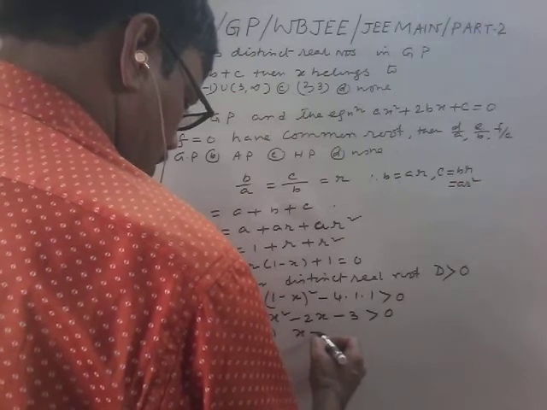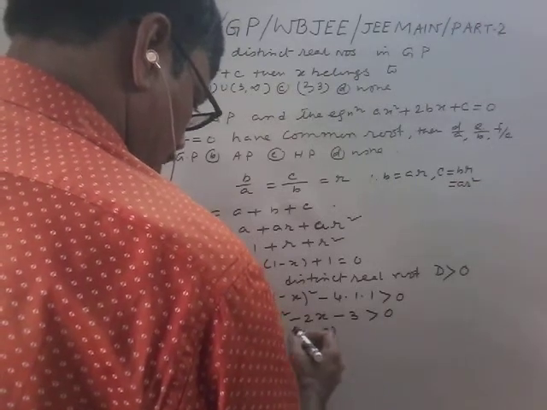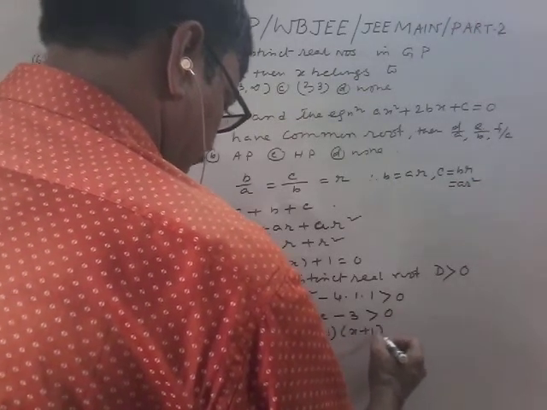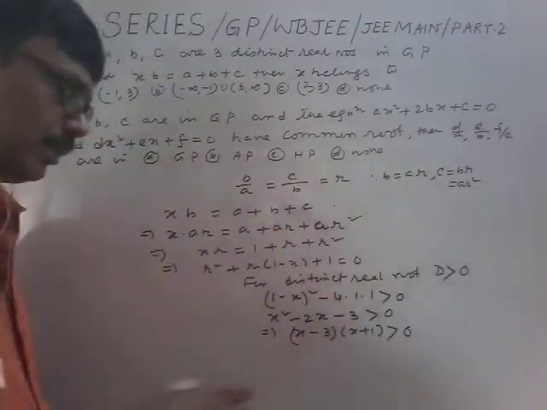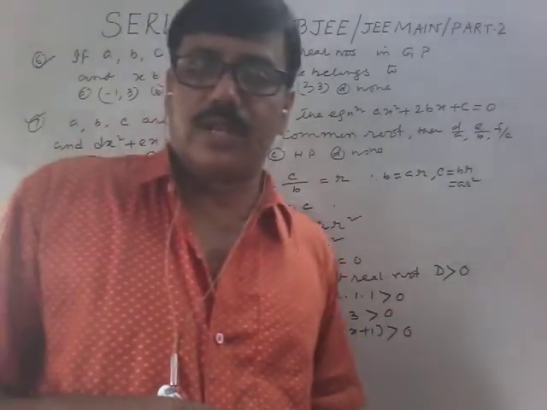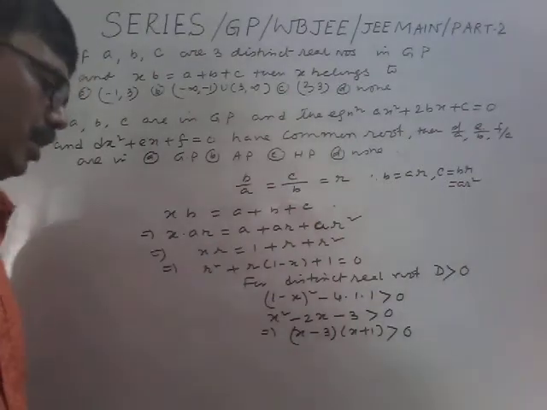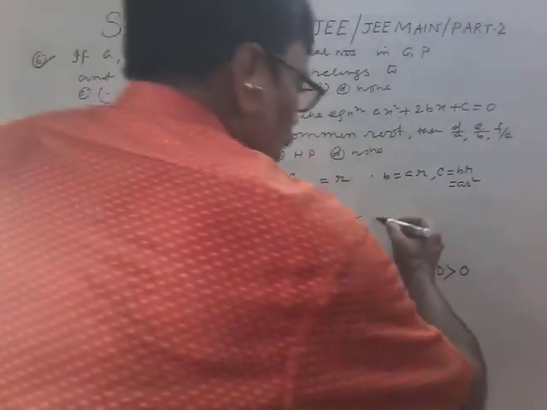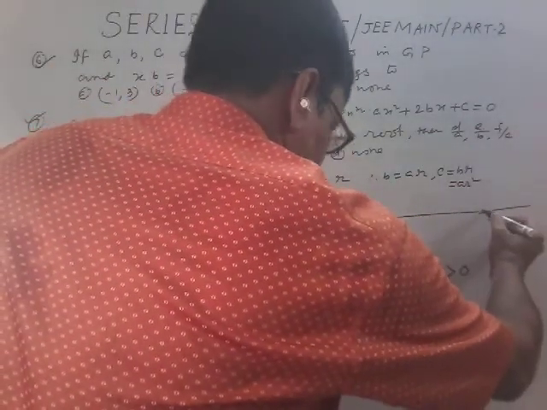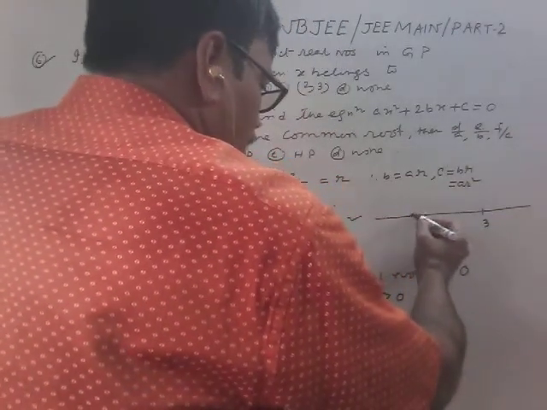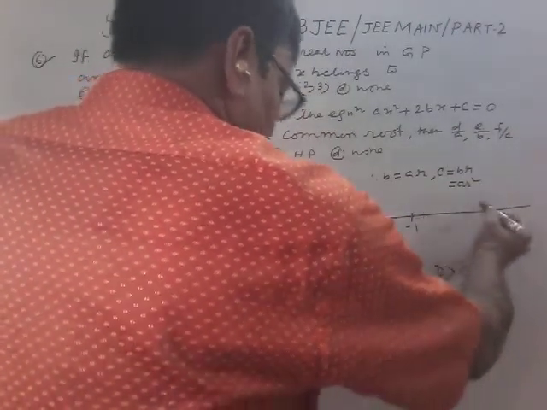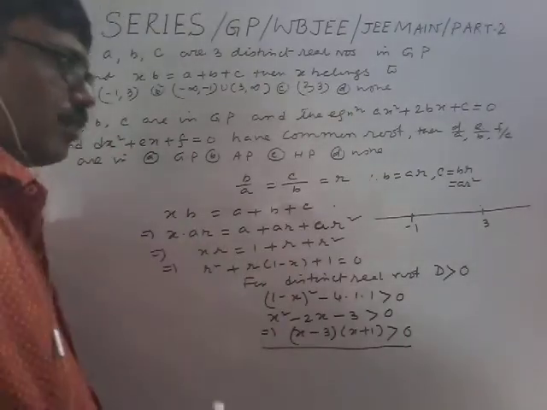So (x minus 3) into (x plus 1) greater than 0. Now it reduces to the problem of inequations. So on the real line, this is 3, this is minus 1, and it is a greater than inequation.